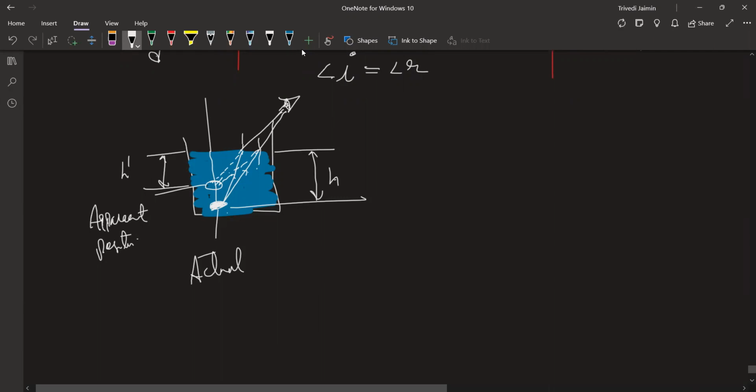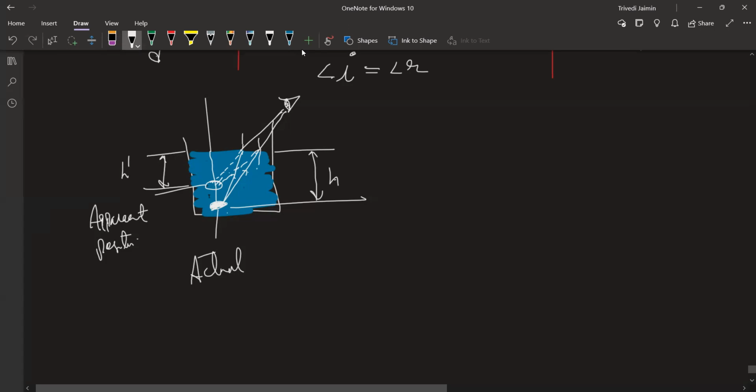When light rays pass from a changing medium, the speed will decrease, which means it is deviated from the original path. So actually it should go this way, but it is moving down. So instead of going from the top, from the eye, let's go from the bottom. So the coin will be visible at some apparent position.